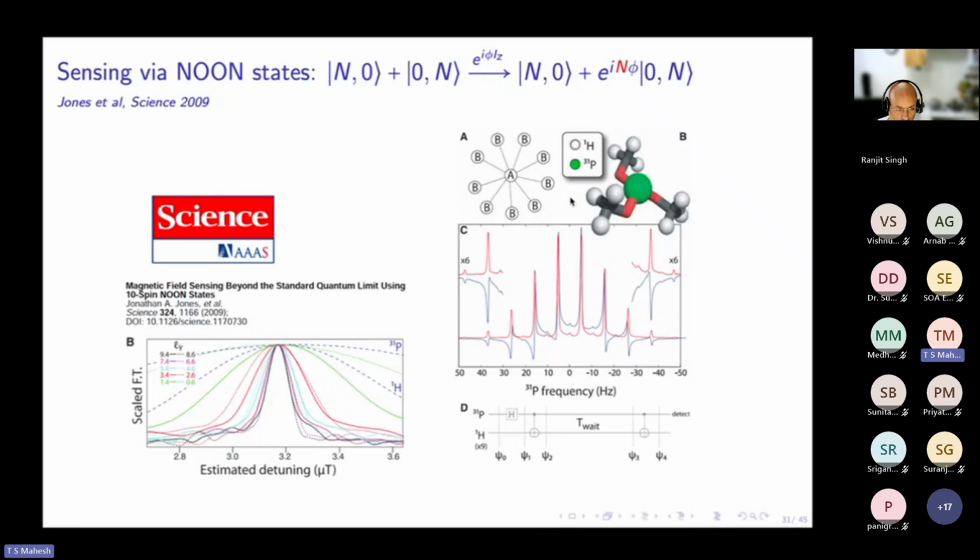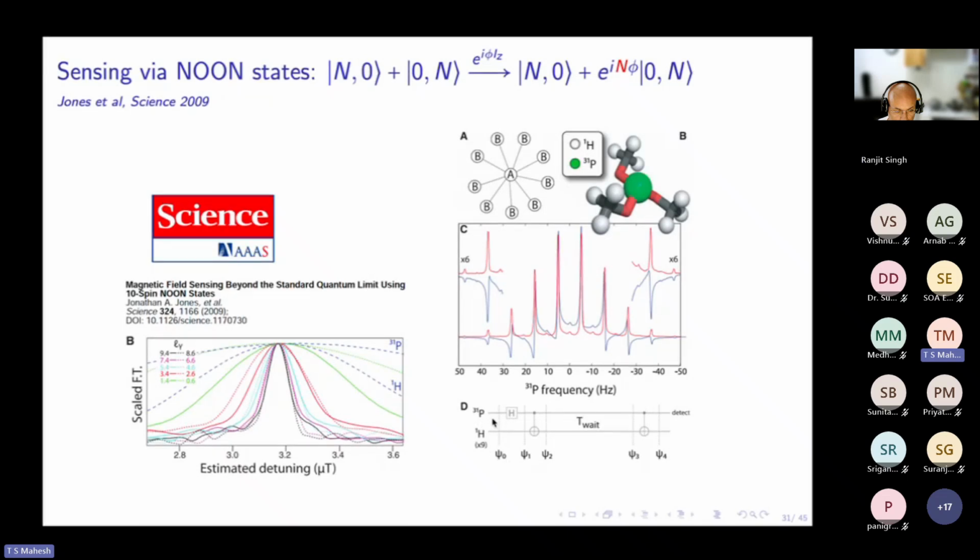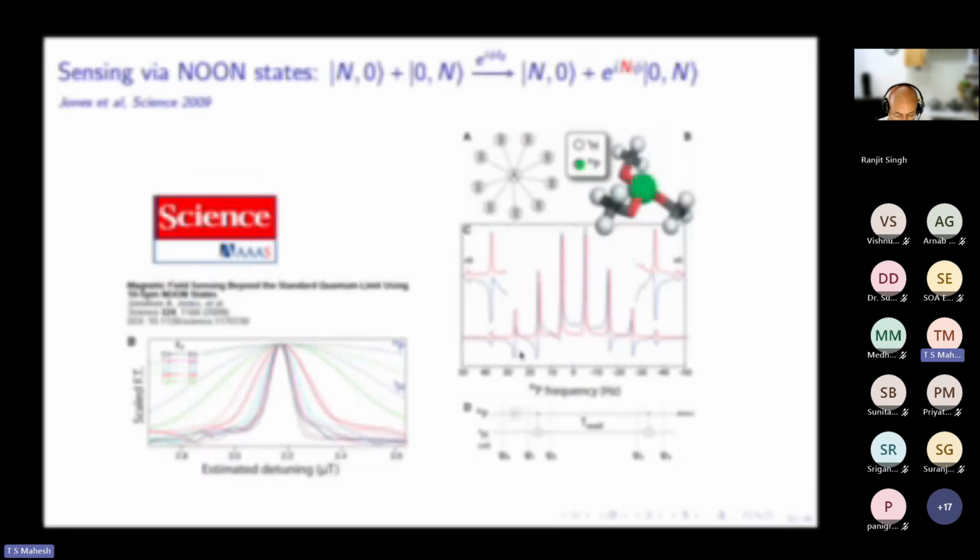We have taken this 38 qubit system and prepared NOON states which are also of this symmetry. Preparing a NOON state here requires just a Hadamard and one CNOT. That's it. The reason is the symmetry. The Hadamard prepares a superposition of the central qubit, and one CNOT acts as a CNOT on all because of the symmetry. So with just one Hadamard and one CNOT, you can prepare a NOON state.